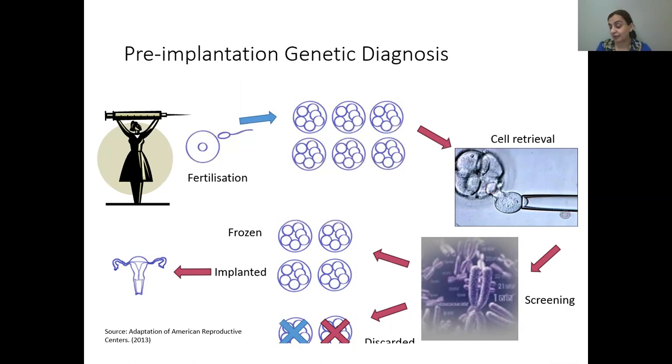Each fertilised egg is allowed to undergo mitosis until about the 6 or 8 cell stage. One cell is then removed from each embryo and undergoes genetic evaluation. That's the step that's specific when we're talking about designer babies. And embryos found to carry the defective genes are then discarded.